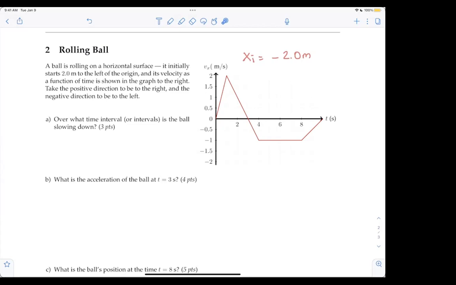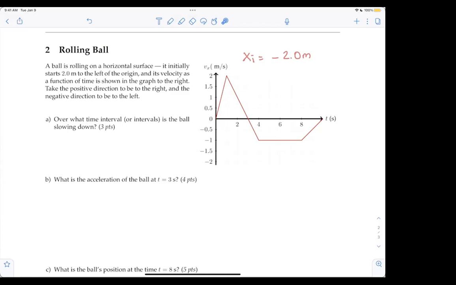Now, when you're looking at a velocity versus time graph, a really important skill is to figure out your directions and how that relates to what the graph is trying to tell you. We can think about it this way. This is the first quadrant on a coordinate plane, and this is the fourth quadrant.